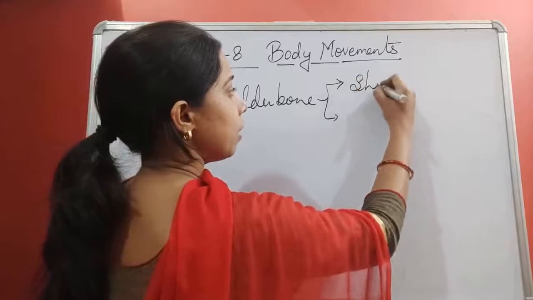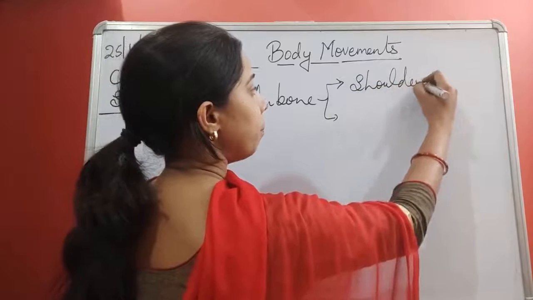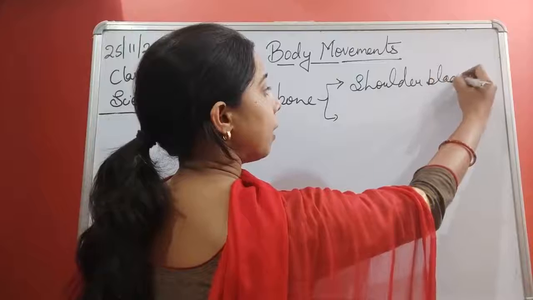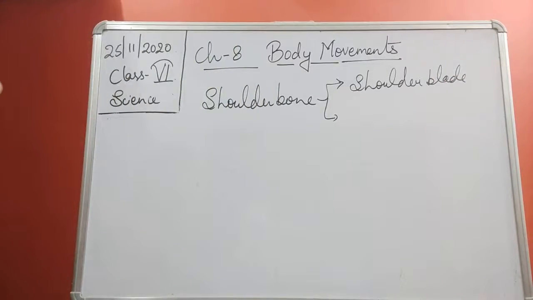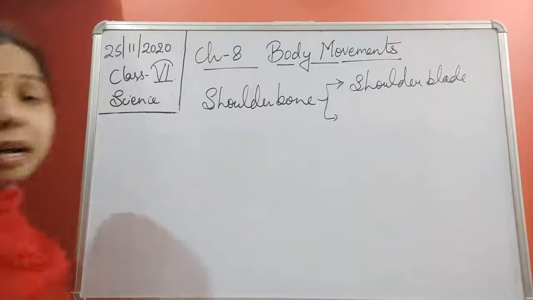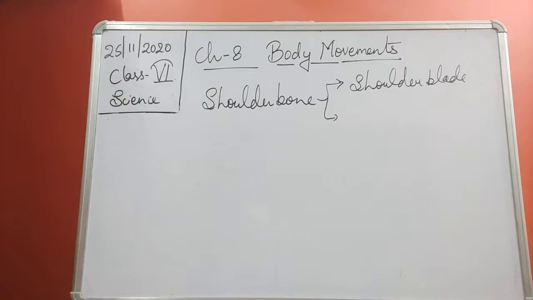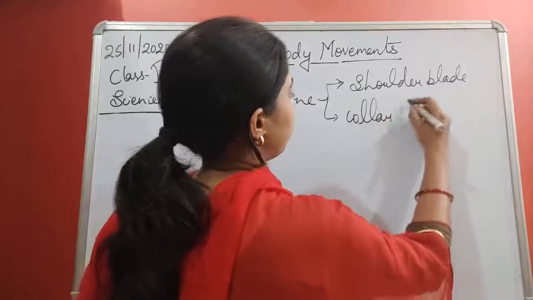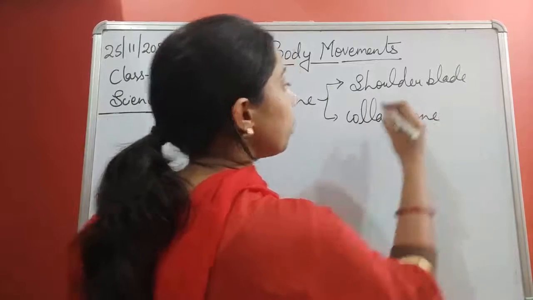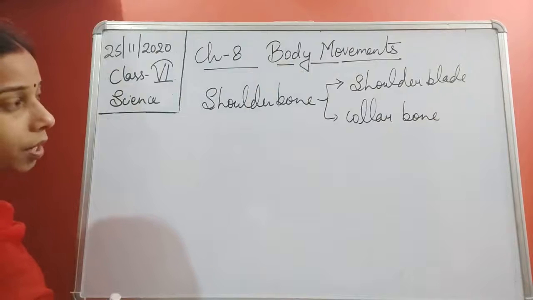The first is the shoulder blade, and the other bone present in the shoulder bone is the collarbone.